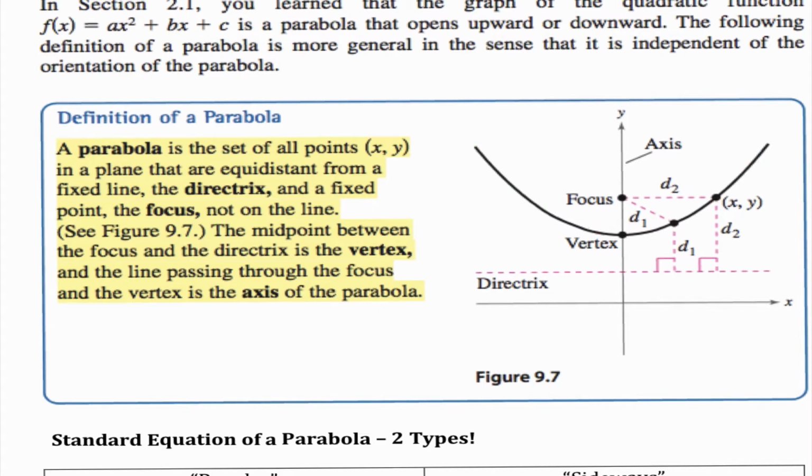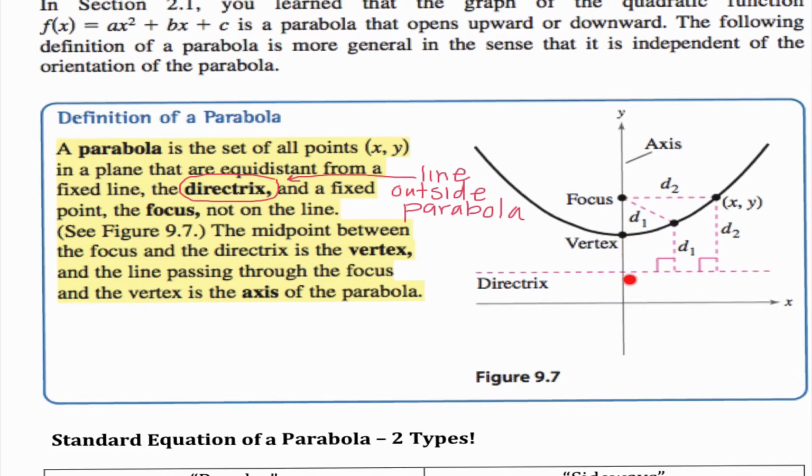Now, some things that I really want to stress is that the directrix is always a line, and so we need to write the equation of that line. It's either going to be a horizontal line or a vertical line, depending on the orientation of our parabola. It is always outside the parabola.